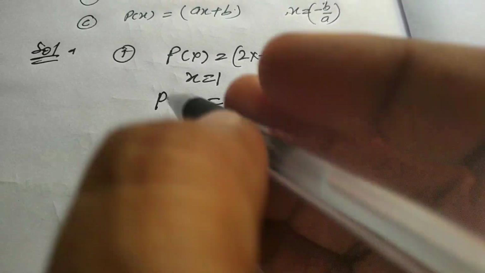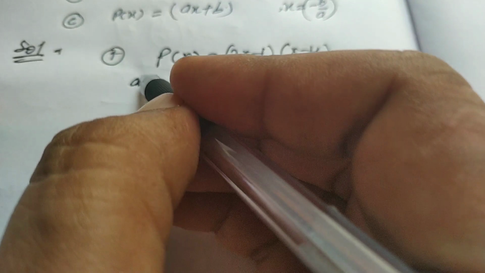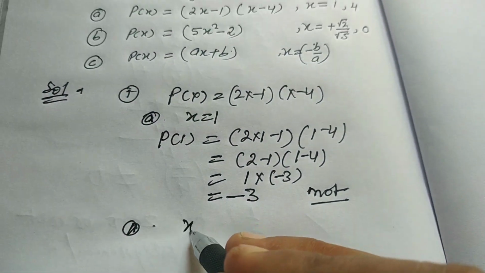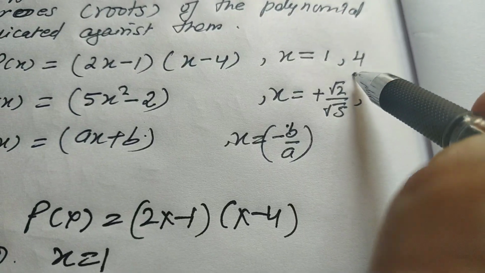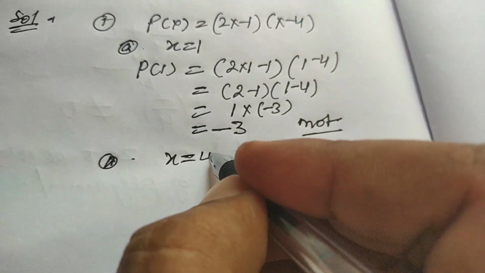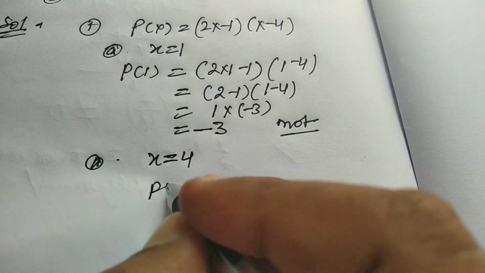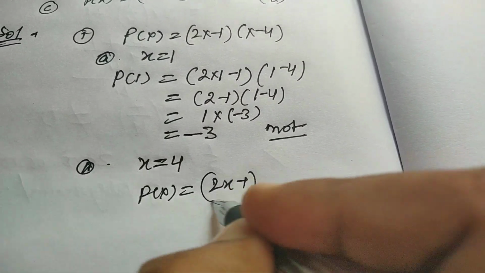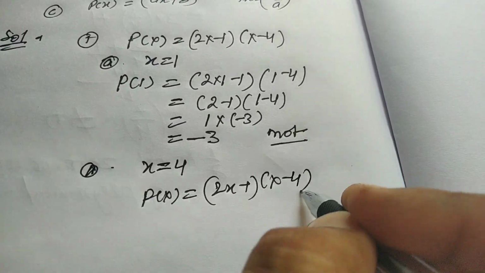And part number 2, we will check x is equal to 4. We put x is equal to 4 in the polynomial p(x) is equal to (2x minus 1)(x minus 4).